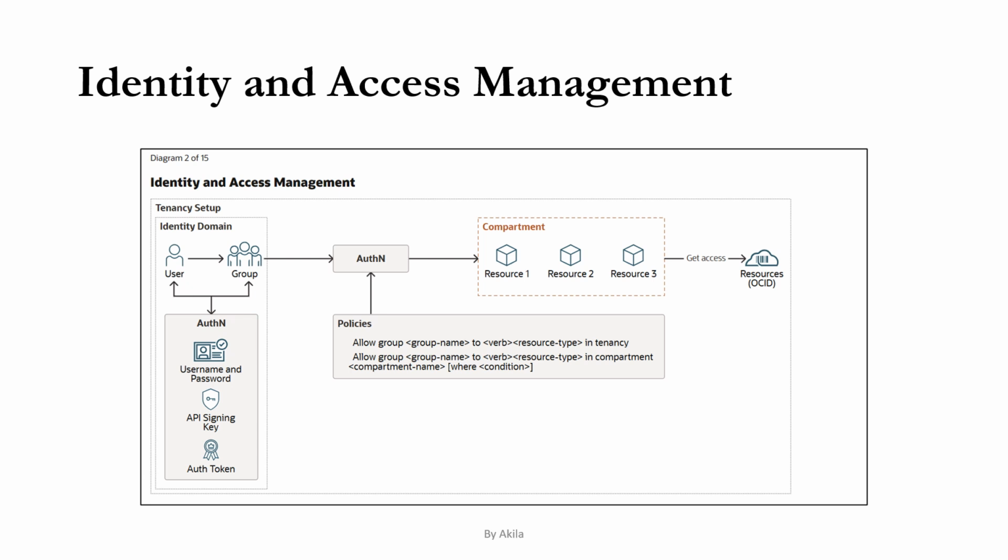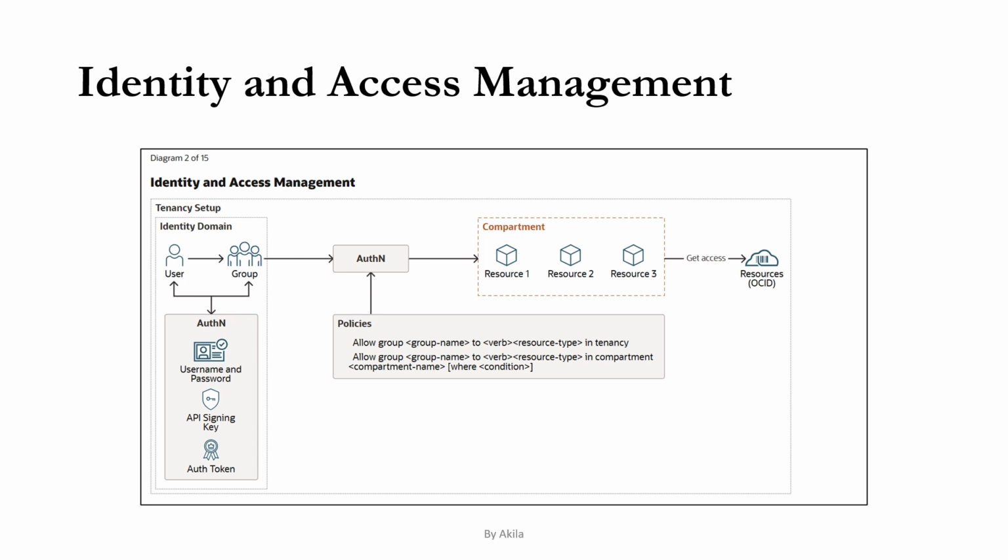For that they have to use authentication. For authentication, a username and password are necessary, an API signing key is necessary, and then an authentication token will be provided. All those things comprise identifying a particular domain in a tenancy setup. With that authentication, they have to access the resources within the compartments.